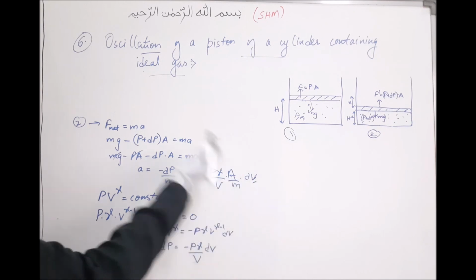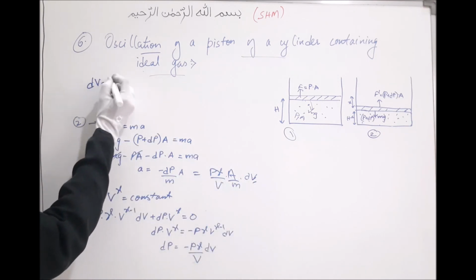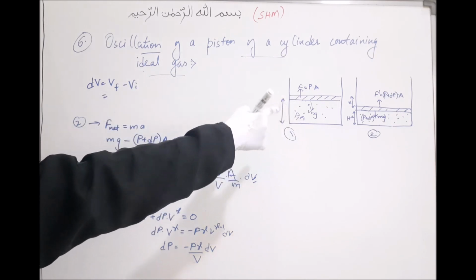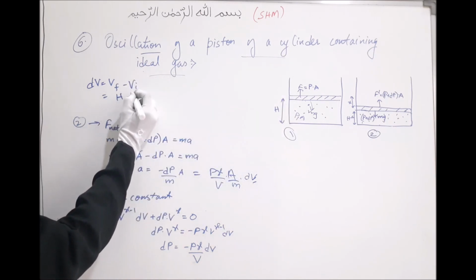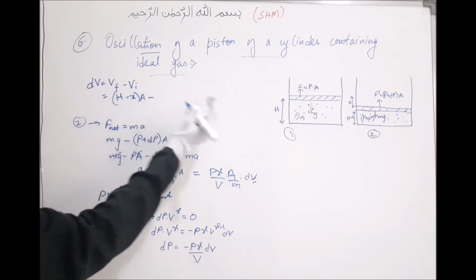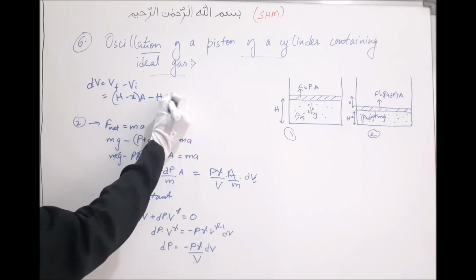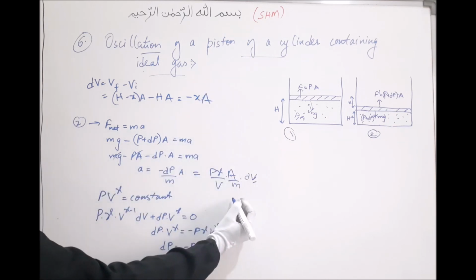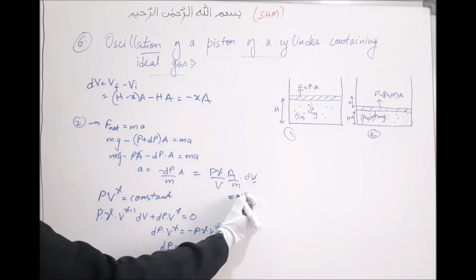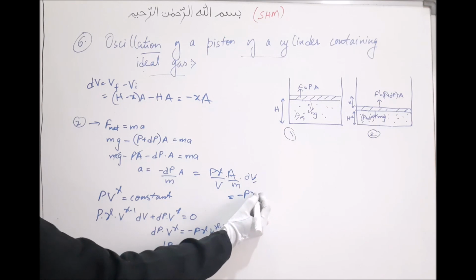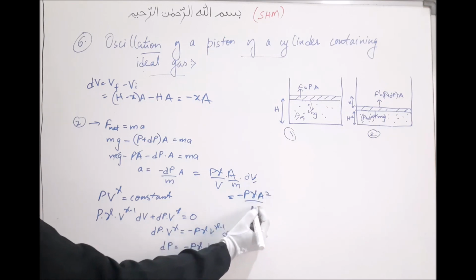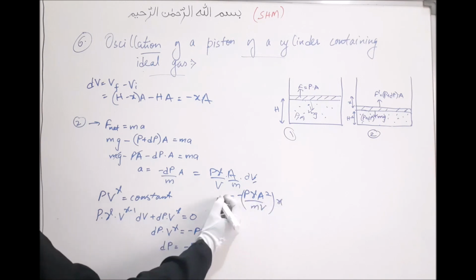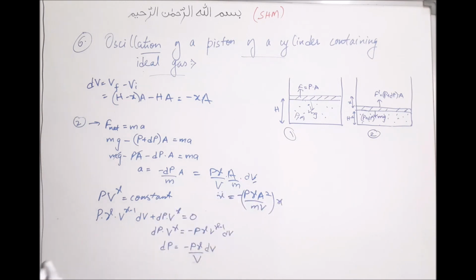We can find dV as final volume minus initial volume. Final volume is h minus x, height into area, minus initial volume, which is height into area. This comes out to be minus x into A. Substitute it here, we will have minus P gamma A squared upon m V into x, and this is x double dot.